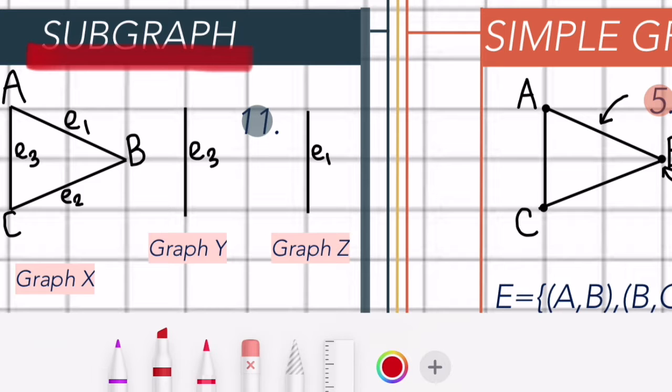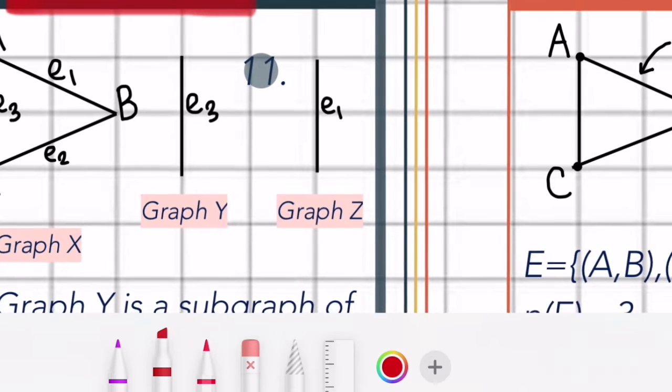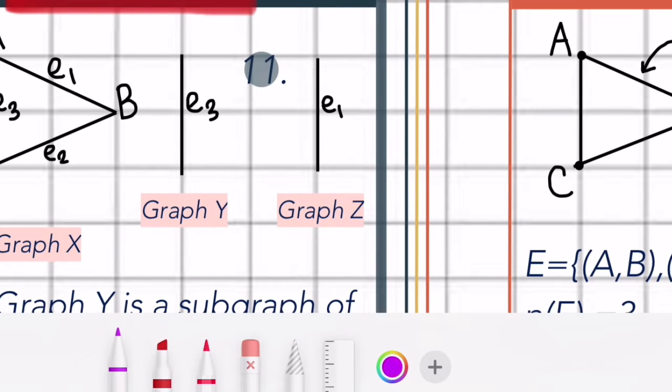Subgraph. Graph X, graph Y, and graph Z. So you're given E3.